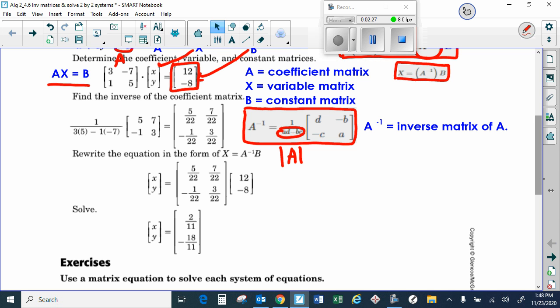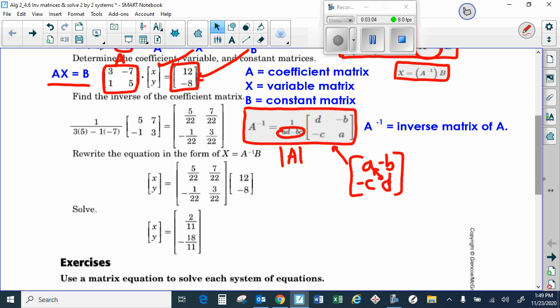Then, when I take this coefficient matrix, which normally is A, B, C, D, I switch the A and the D, and I take the opposite of the other two, and that matrix goes there. Remember, your coefficient matrix is 3, 1, negative 7, 5.